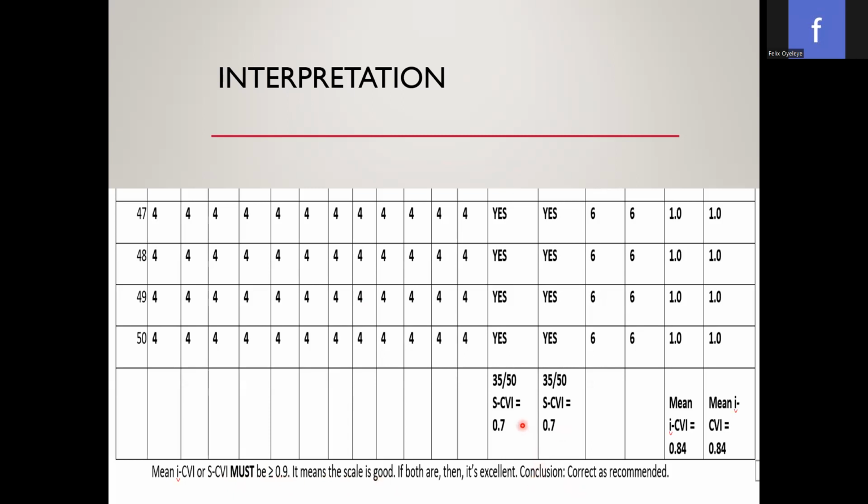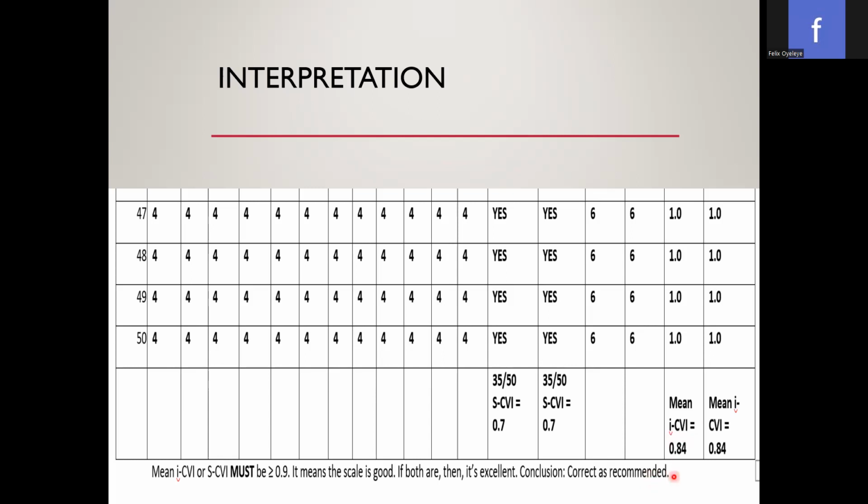But in a situation whereby either your item content validity index or scale validity index falls below 0.7, then you have to correct that particular instrument. It simply means you take back that questionnaire and look at those points that the assessors actually pointed out to adjust those areas before administering those questionnaires.